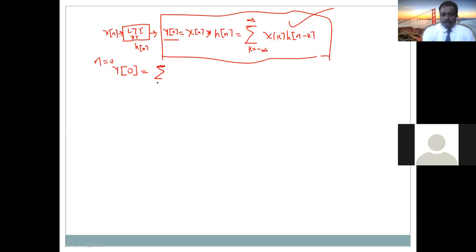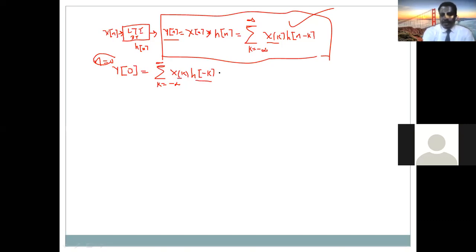Summation k from minus infinity up to infinity, x of k times h of n minus k. Now n is 0, so substitute n. It will be 0 minus k, which is minus k.